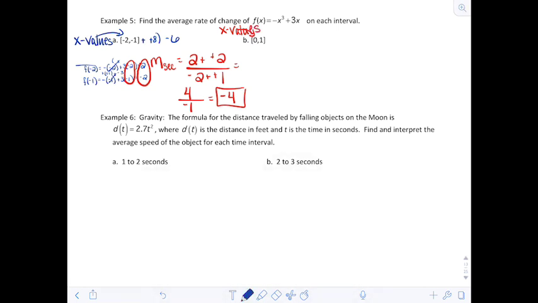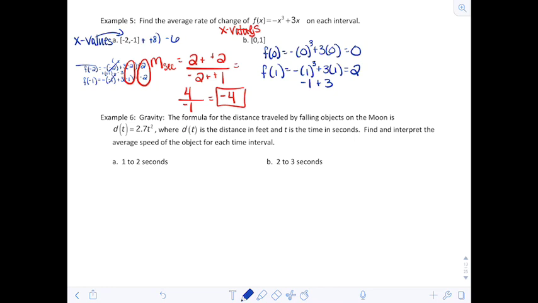As we start to find these values, we're going to do f of 0, so negative 0 cubed plus 3 times 0, which is going to be 0. F of 1 will be the opposite of 1 cubed plus 3 times 1, so that's negative 1 plus 3, so that will be 2.